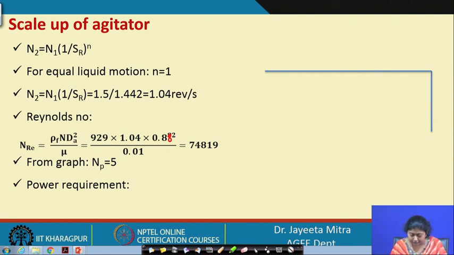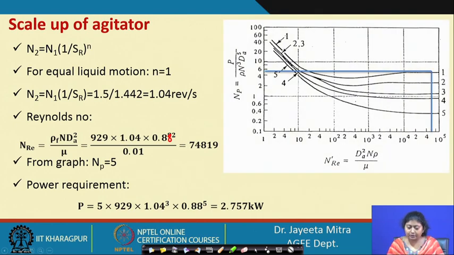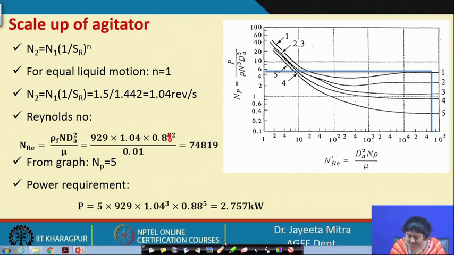Now, from the graph we look for the value of NP. This is the correlation for the power number with respect to NRe. We are getting a very high range of Reynolds number, and for this particular flat blade turbine, shown by curve 1, we can straight away see what the value of the power number is.